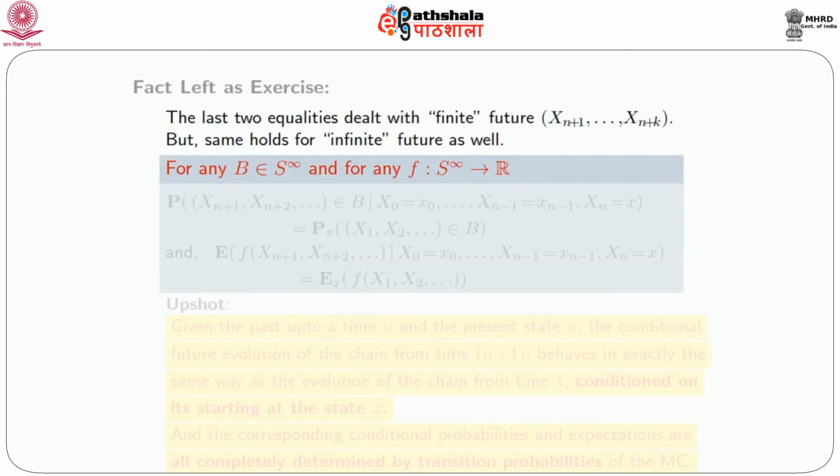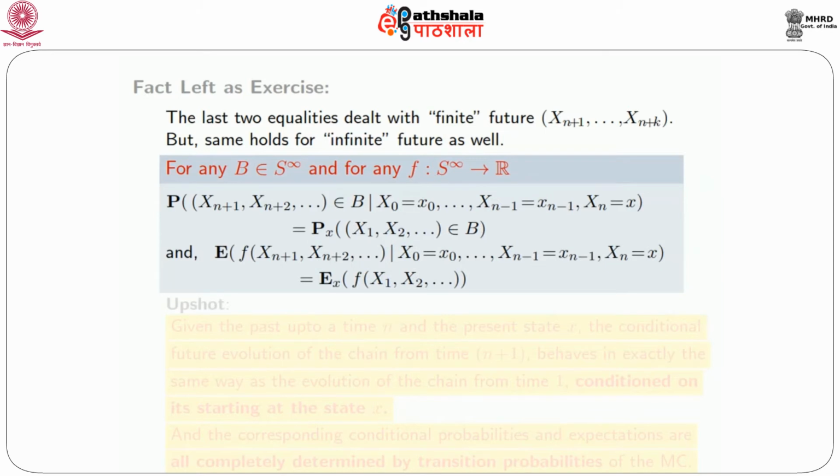Of course, in the previous two things we looked at an event depending on the next k random variables after time n, and a random variable depending on the next k states after time n. So these are dealing with finite futures, Xn+1, Xn+2, Xn+k. But similar things hold for the infinite future as well, which is captured in these results. It's not so difficult to show, but not as easy as for the finite future.